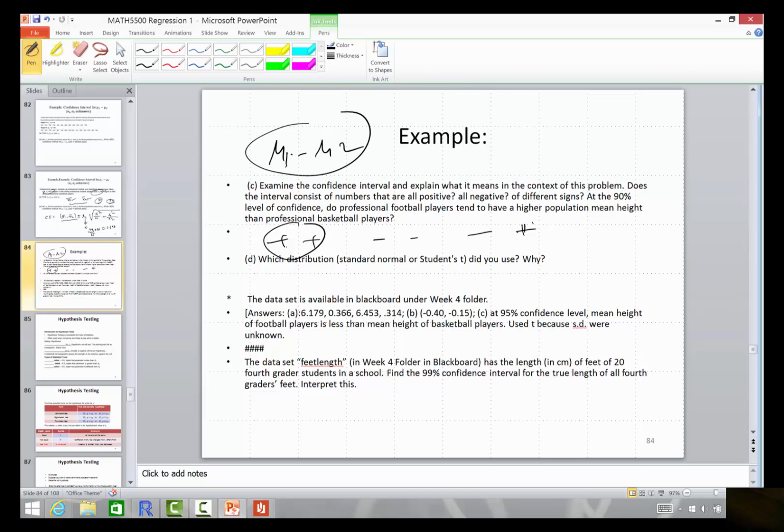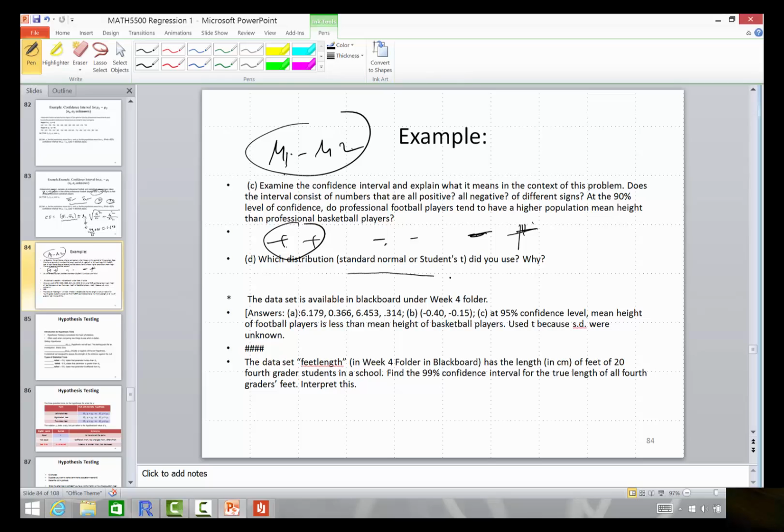If mu1 minus mu2 is negative, then mu1 is smaller than mu2. If one is negative and one is positive, we cannot say which one is greater, right? So you need to answer that.